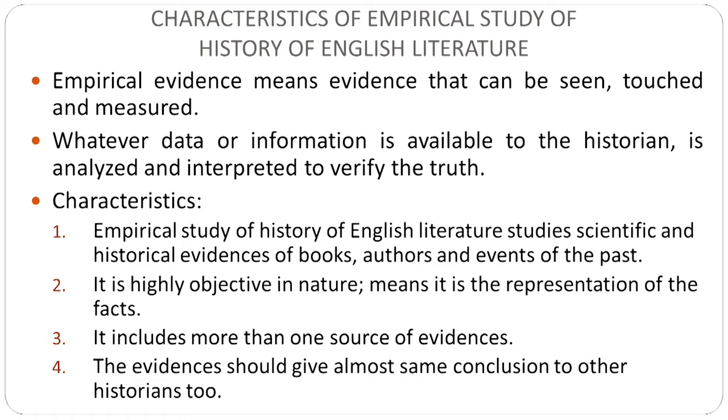Friends, as you know now, history is a story of the truth of the past. How do we know that whatever is written in the history books is the truth? Well, the simple answer to this question is there is empirical evidence that supports the factual truths of the past events.